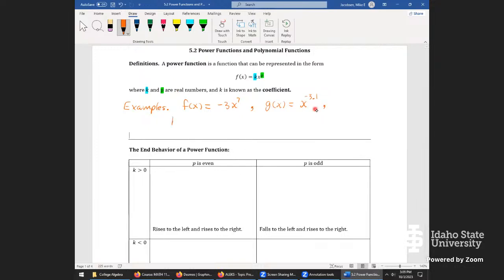And for a third example, if you wrote h of x equals 8 over the cube root of x to the power 2, that doesn't look like a power function at all. That looks like a totally different kind of situation, but it really is a power function. We can use some exponent laws to write this out as 8 over, first thing that happens is, if you're dealing with a cube root, that's really an exponent of 1/3.